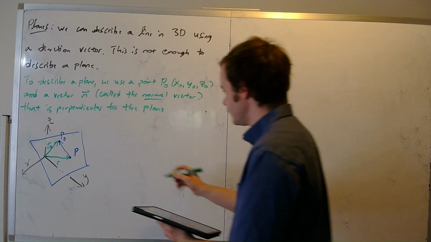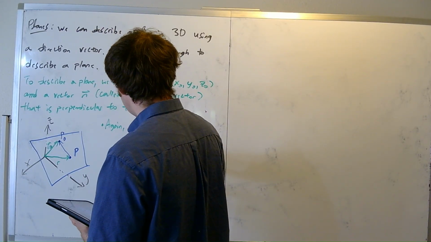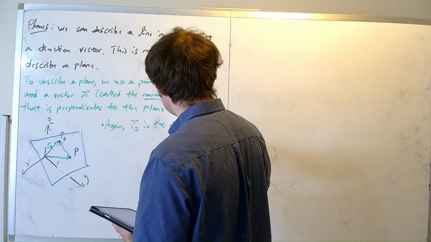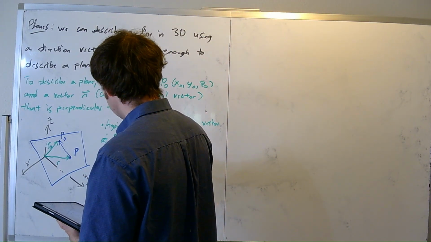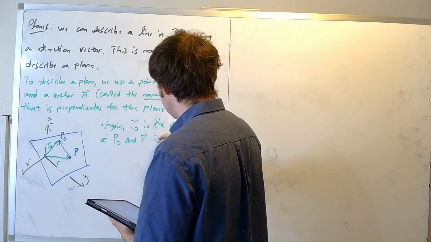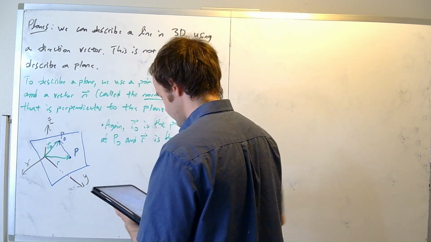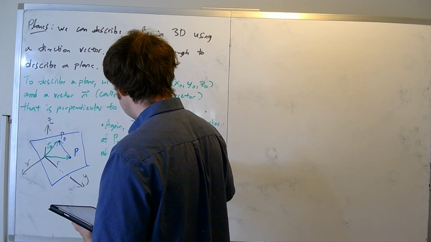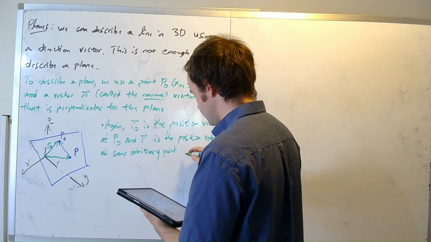So I'll say here, again, R0 is the position vector of P0, and R is the position vector of some arbitrary point on the plane.